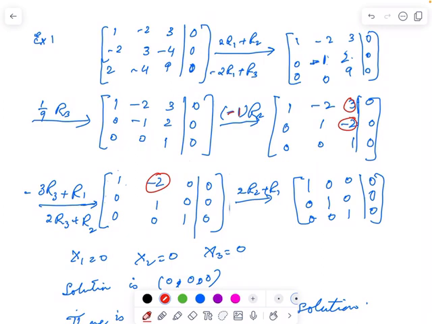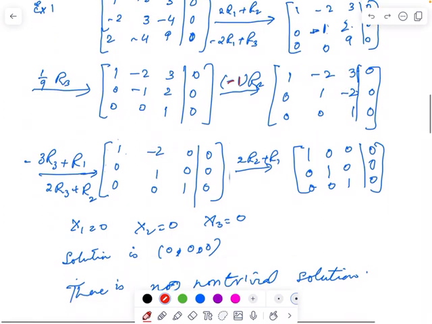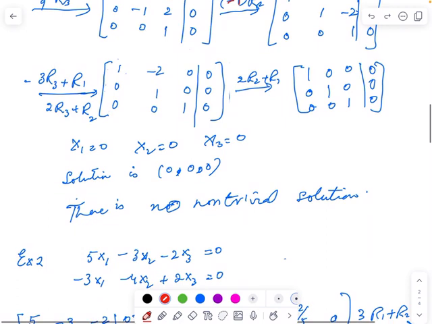But the final answer was that x1 is 0, x2 is 0, and x3 is 0, which means all components are 0. So our solution is 0, 0, 0. You can write it as a 3-tuple, or you can write it as a vector. The solution is 0, 0, 0.